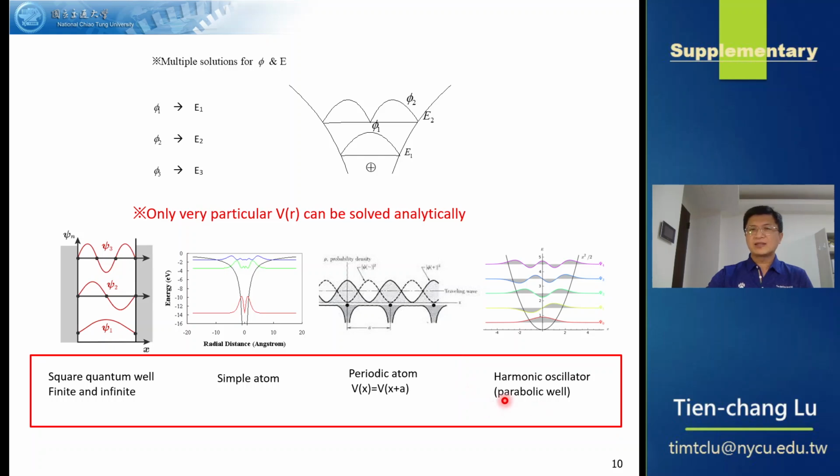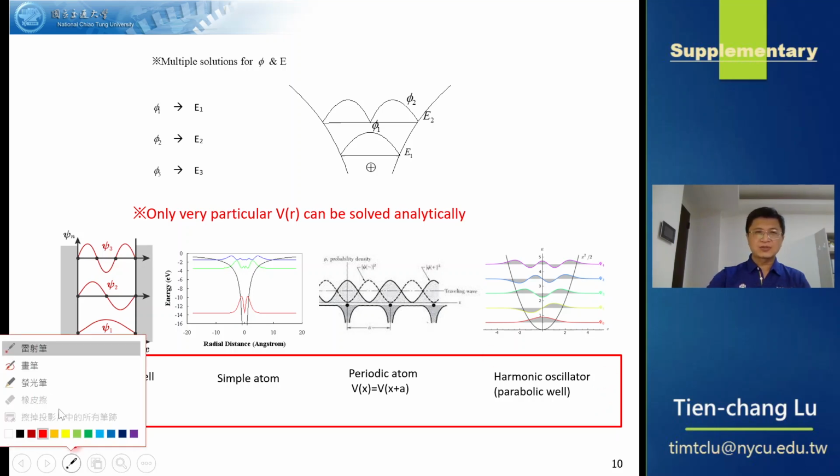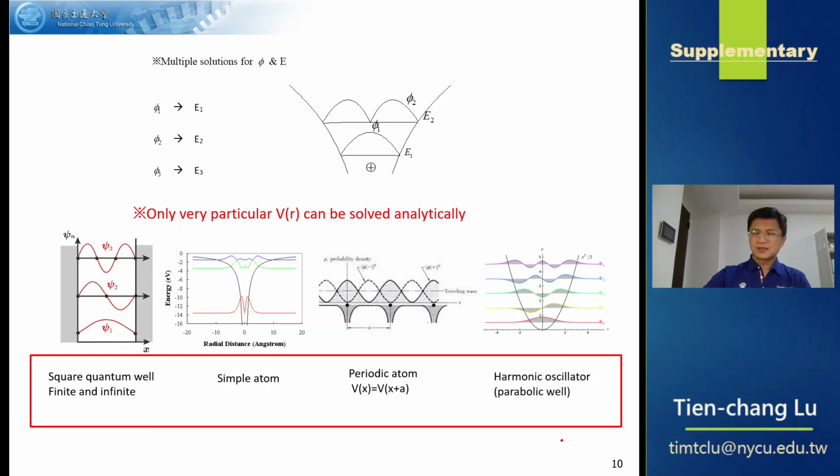And the final one is harmonic oscillators. Just like a spring, when we press it or extend it, the spring will start to oscillate back and forth. That potential energy system has an x squared dependence; it depends on the square of the position.